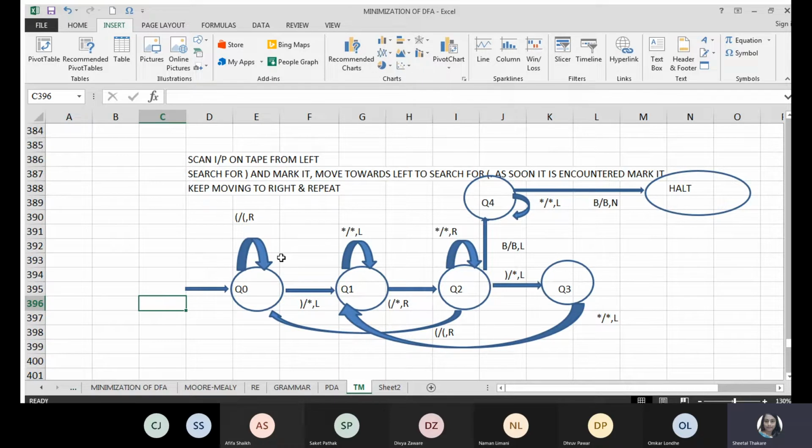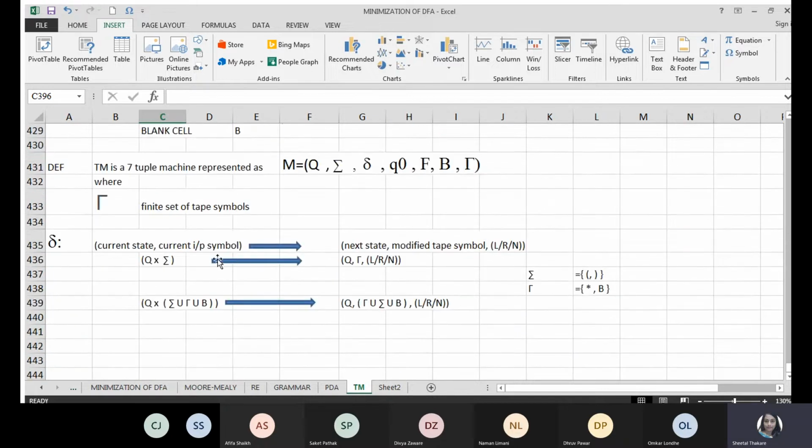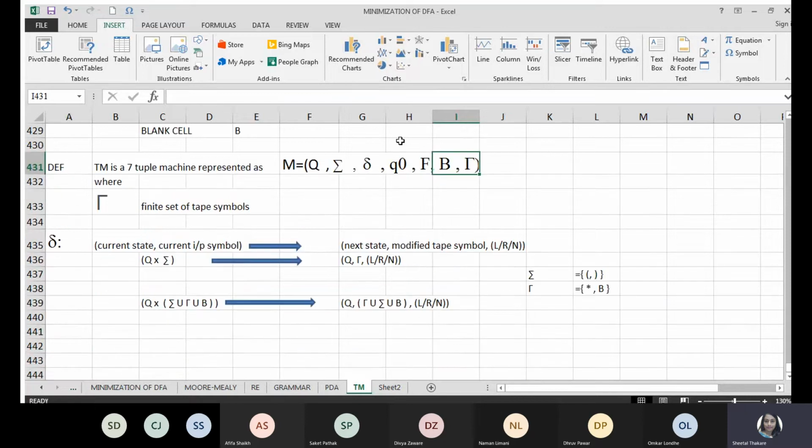So you will find that the transitions are defined on the sigma symbols as well as gamma symbols, and that's why we have written here current input symbol represented by sigma union gamma union blank, because the transitions are defined on blank as well as star as well as left and right bracket symbols. The rest of the 6 tuples we have already discussed. So this will constitute the formal definition of Turing machine.